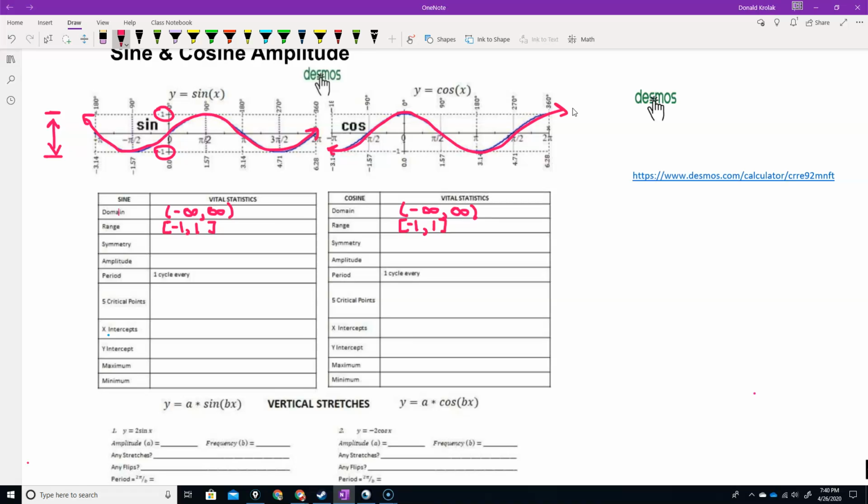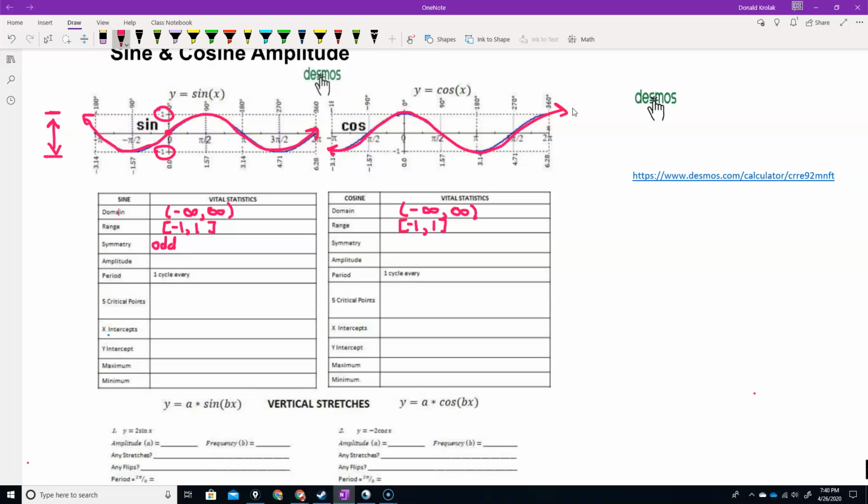Okay, symmetry. We did this way back before spring break. The symmetry for sine is you can flip it upside down and it looks the same. When you can do that, we say that it is an odd function.